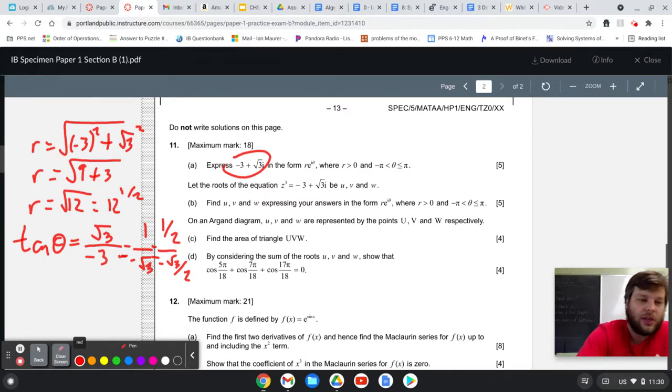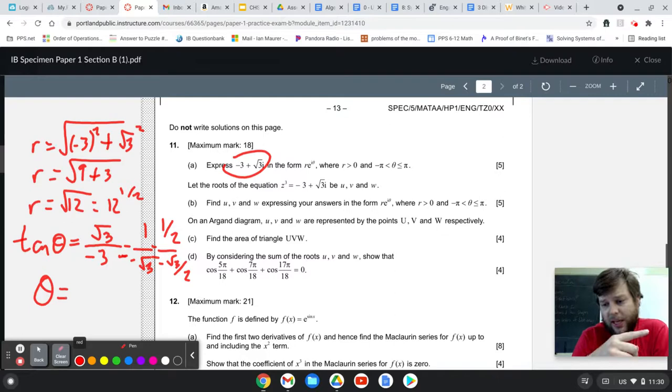Or if you do the inverse tan on your calculator, it's actually going to give you the angle in quadrant 4. But in quadrant 2, you can just add pi to that angle. So it gives you 5 pi over 6.